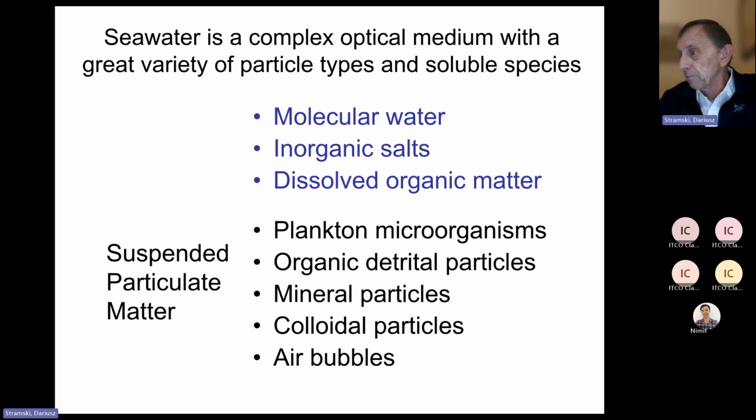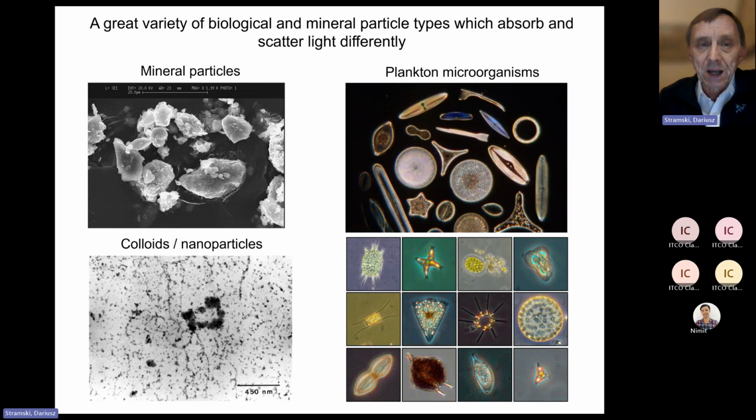So it is very important to develop some basic understanding of how individual particles of different types absorb and scatter light, and this will be one of the main goals of this lecture, to introduce you to theoretical and experimental facts about absorption and scattering by single particles of different types.